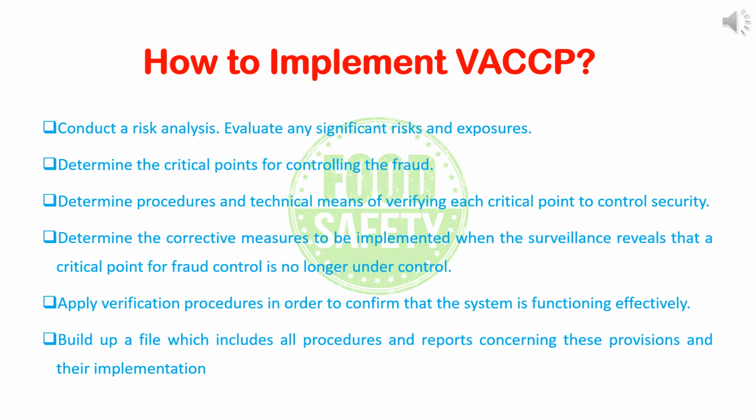First one is conduct a risk analysis, evaluate any significant risk and exposures, determine the critical point for controlling the fraud, determine procedures and technical means of verifying each critical point to control security, determine the corrective measures to be implemented when the surveillance reveals that a critical point for fraud control is no longer under control.